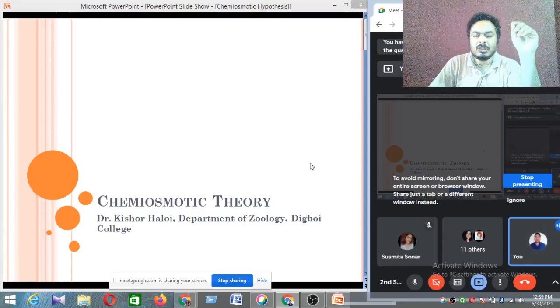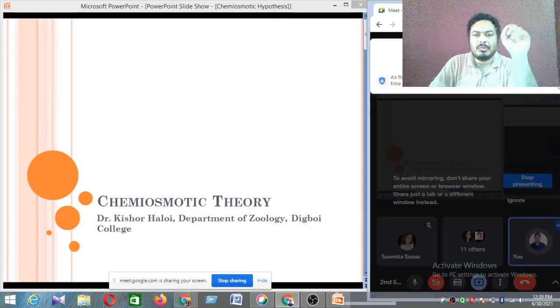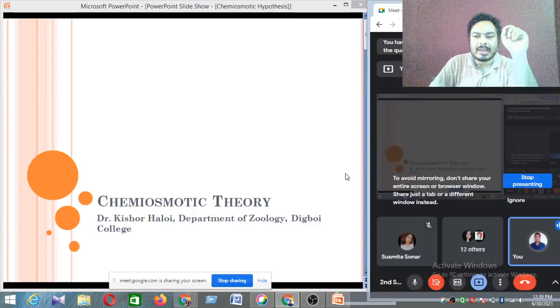Okay, so the question is, from where are these hydrogen ions formed? These hydrogen ions are formed from water molecules. That means the water molecule dissociates to produce hydrogen ion, and it also releases OH negative. So H plus, the positive ion, and the OH negative ion are formed from the breaking of the water molecule.